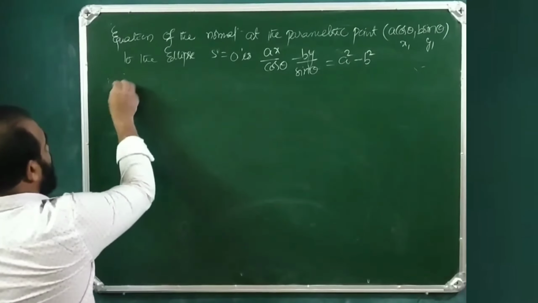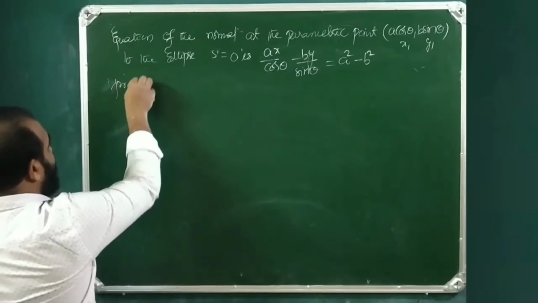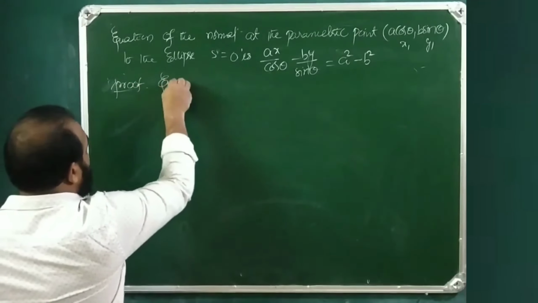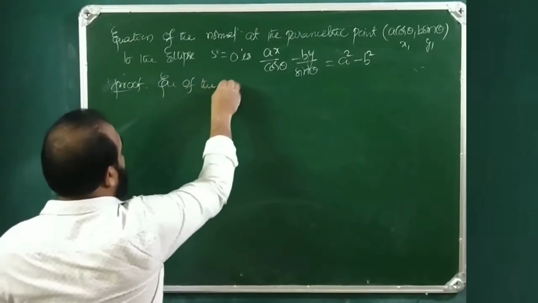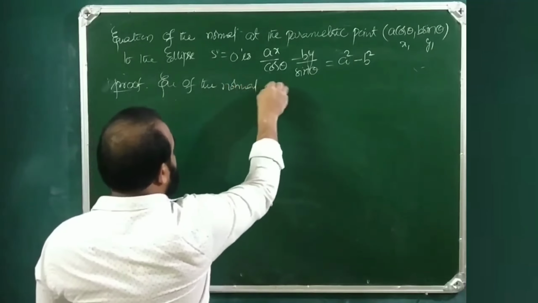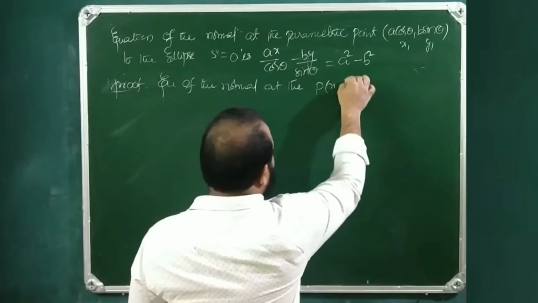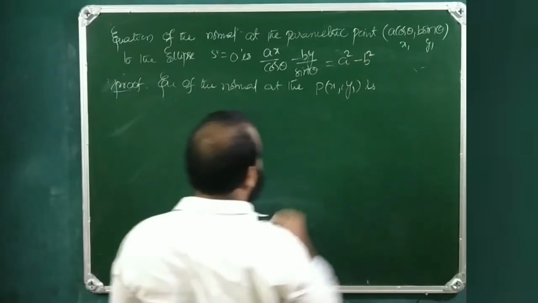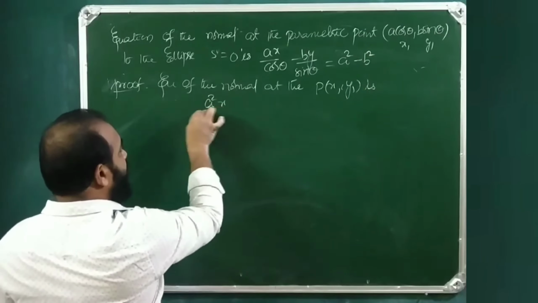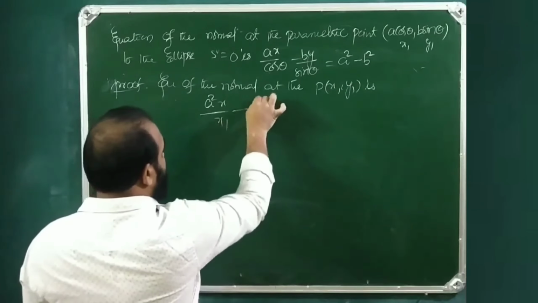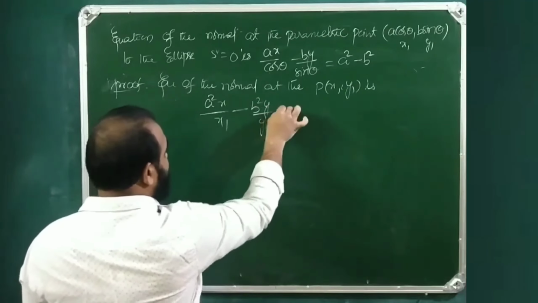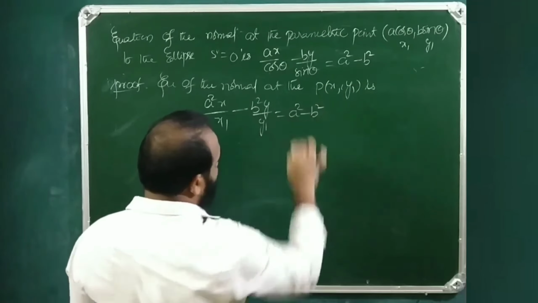So first of all, the equation of the normal at the Cartesian point P(x1, y1) is a square x by x1 minus b square y by y1 is equals to a square minus b square.